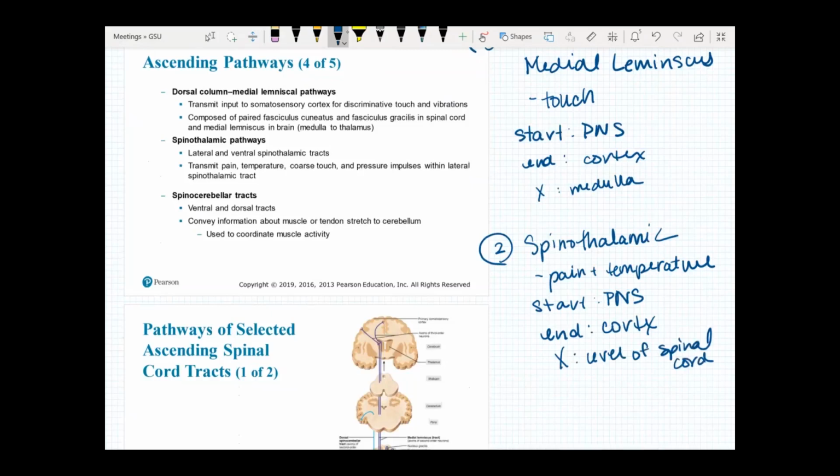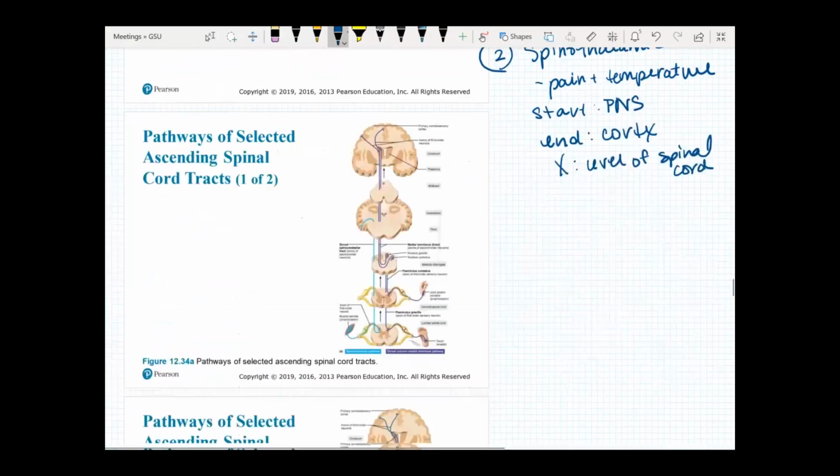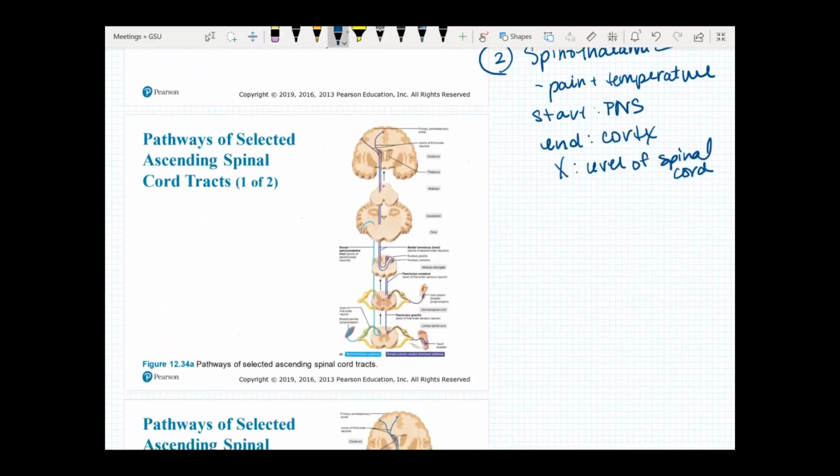So the difference between these two is basically this. Here's my brain and my spinal cord. What we are saying with the dorsal column medial lemniscus pathway is that it's going to start somewhere in the body.